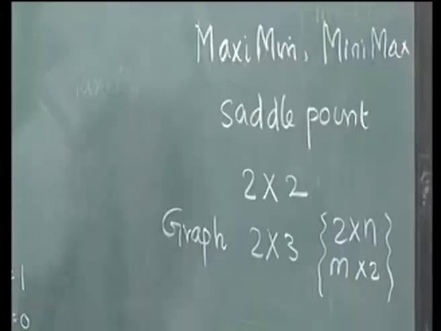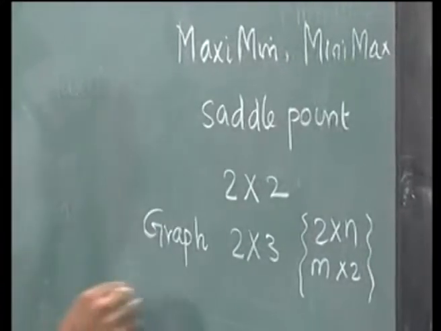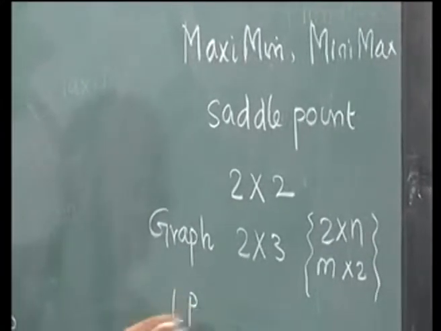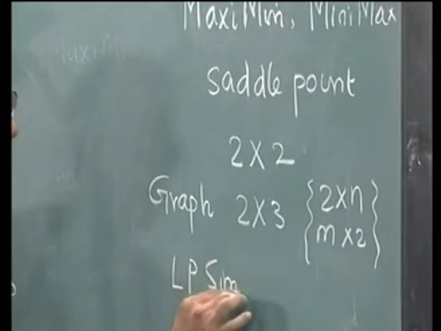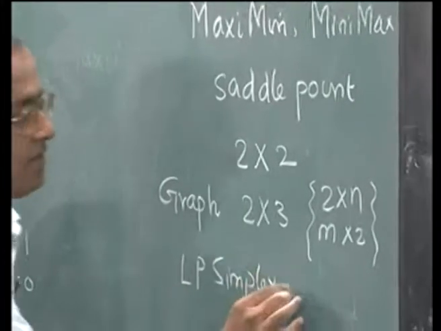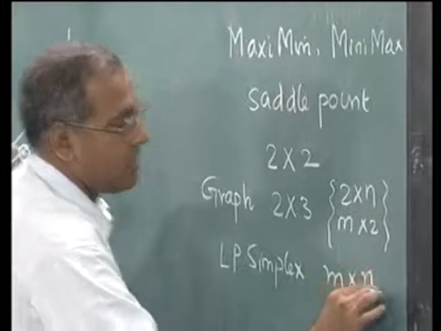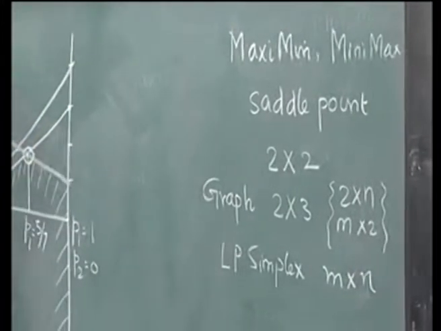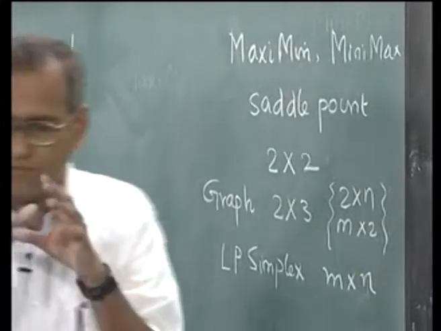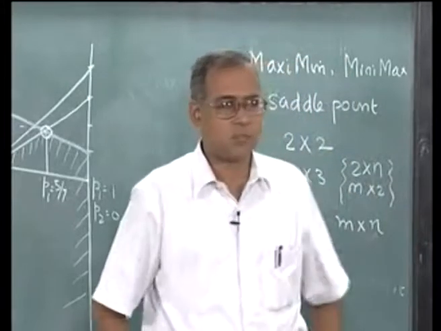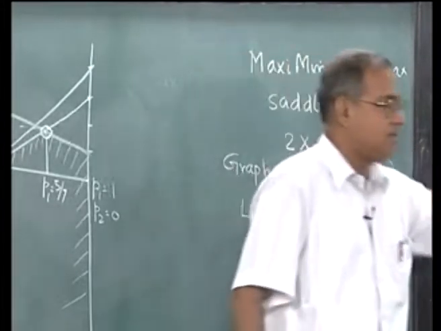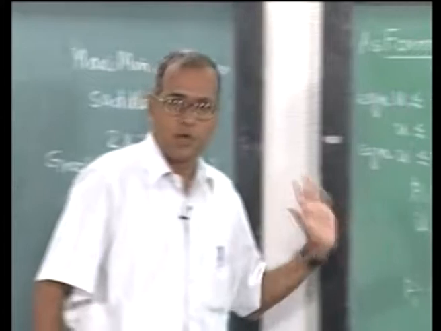We also said that we could solve using the simplex method or linear programming if we have a general m by n, and we also showed that B's problem is actually the dual of A's problem.